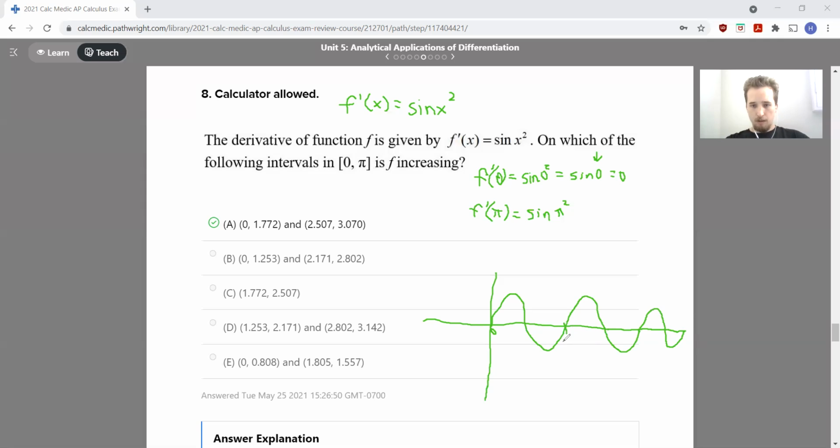At this point is 2 pi. This is a typical sine graph, just the graph of sine of x. So what I'm basically doing is changing the problem a little bit so that we're going from 0 to pi squared on sine of x. And so this is 4 pi here.